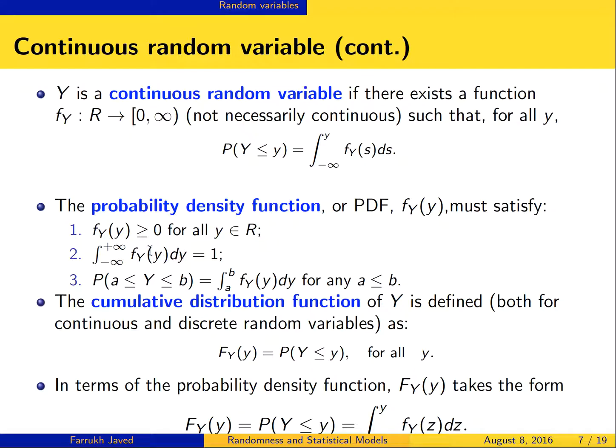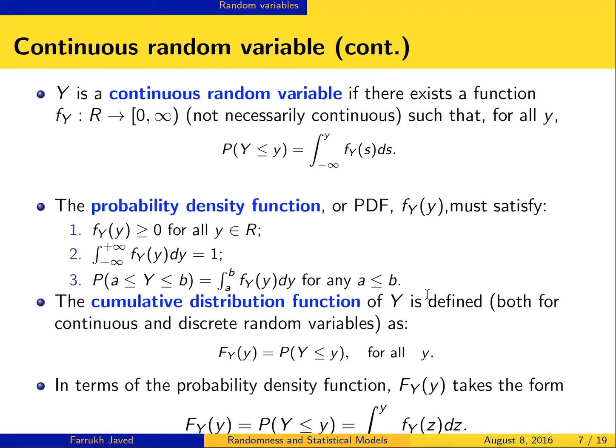The sum of all the probabilities should always be equal to 1. Here, the integral over the interval from minus infinity to plus infinity should always be equal to 1. And if I talk about the probability between two ends, I can simply integrate the function from the lower limit to the upper limit to evaluate that probability.